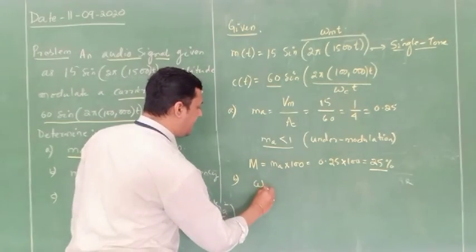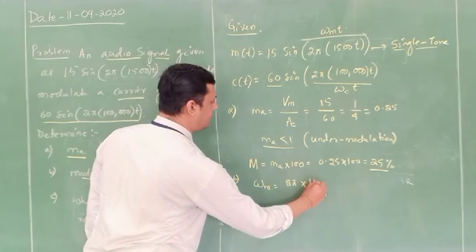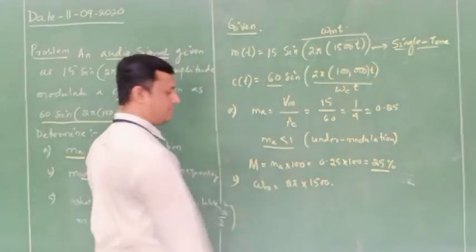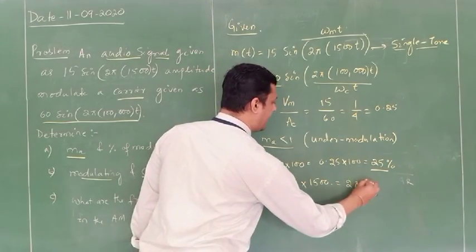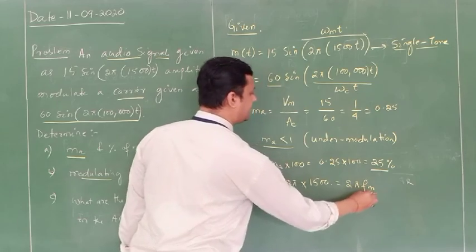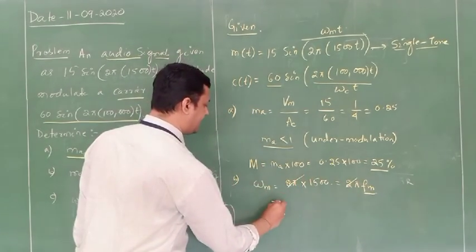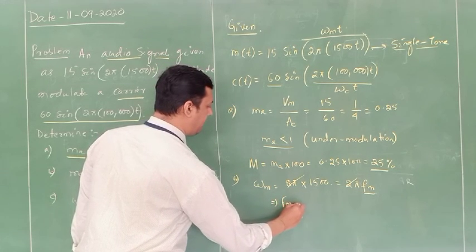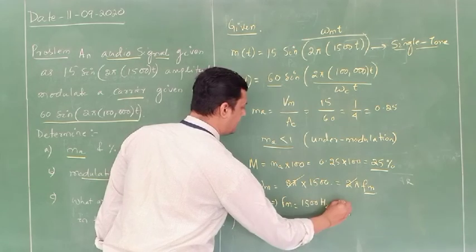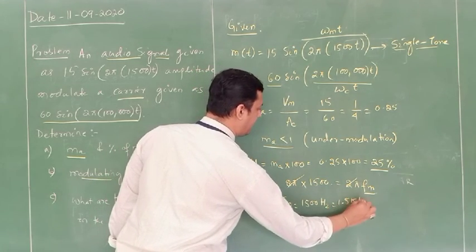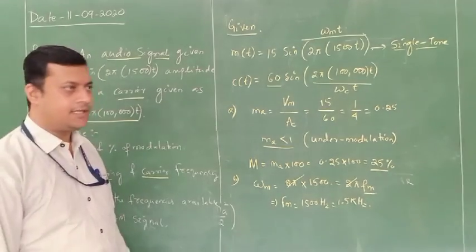So omega m is equal to 2 pi into 1500, which is equal to 2 pi fm. We need this fm. So what I will do? This 2 pi gets cancelled out. So my fm is equal to 1500 hertz, or I will write 1.5 kilohertz. So this is my modulating frequency.